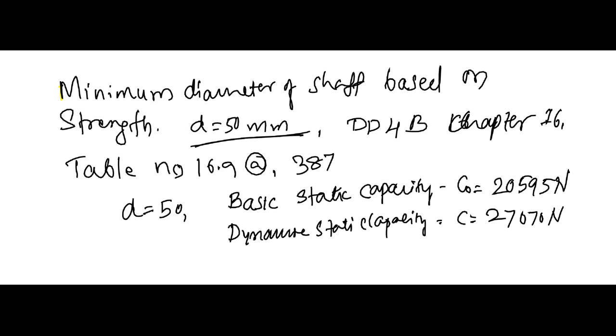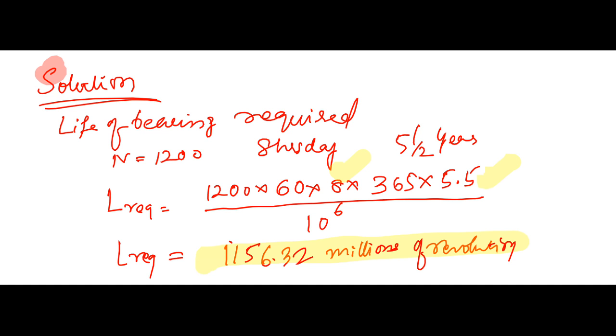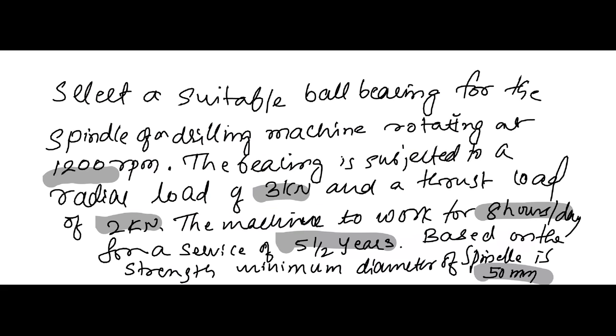Now based on these two values, you need to calculate what L it can sustain. What is the first step? First you need to find out Fa by C naught. So step one, you calculate Fa divided by C naught. Fa, the axial load, is 2 kilonewton here, radial load is 3 kilonewton.